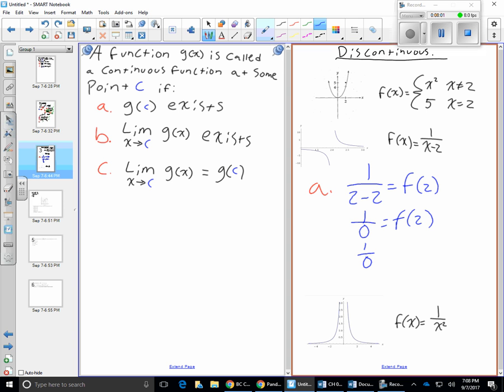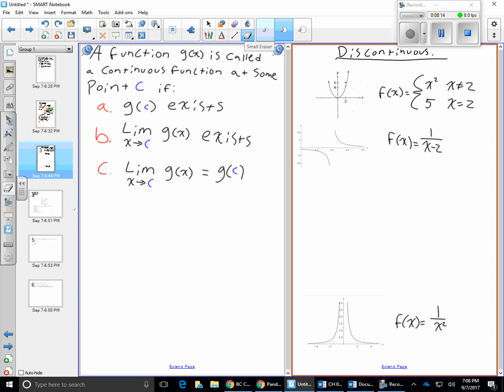This automatically eliminates this from being a continuous function at x equals 2. But let's look at another portion of this. For part b, the left-hand side is approaching negative infinity.